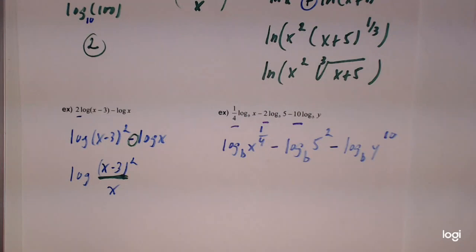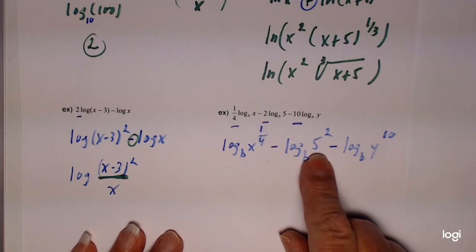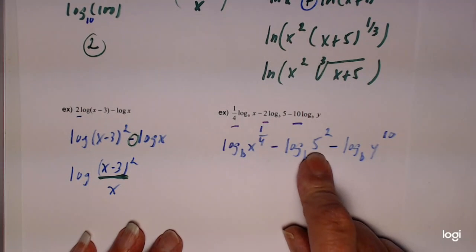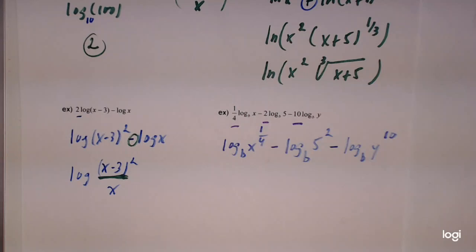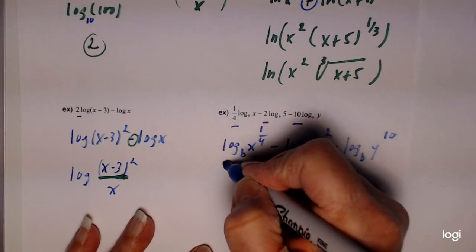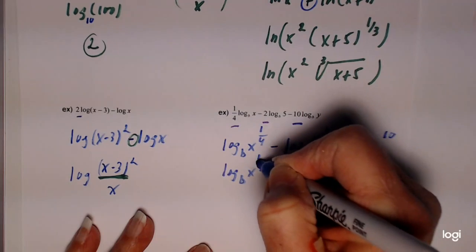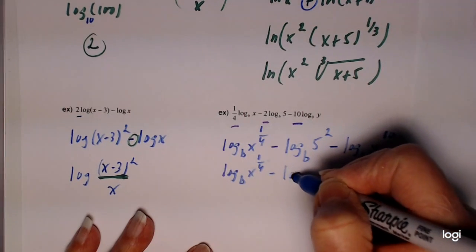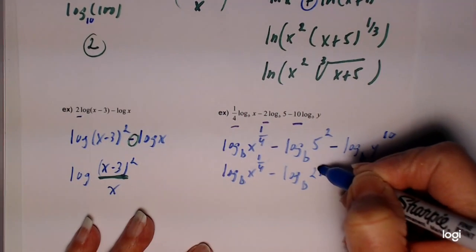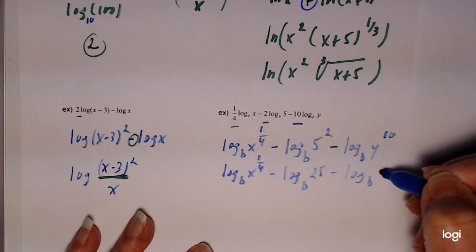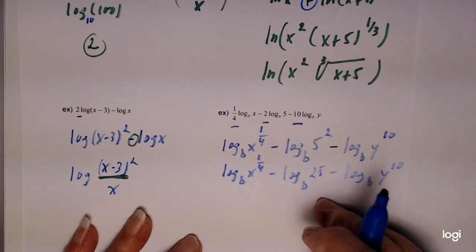I'm looking at this and I'm seeing this 5 squared here. 5 squared is 25. At some point, we're going to have to simplify that and make it 25. So I'm thinking, let's just do that now. So we have log base b of x to the 1/4, minus log base b of 25, minus log base b of y to the 10.